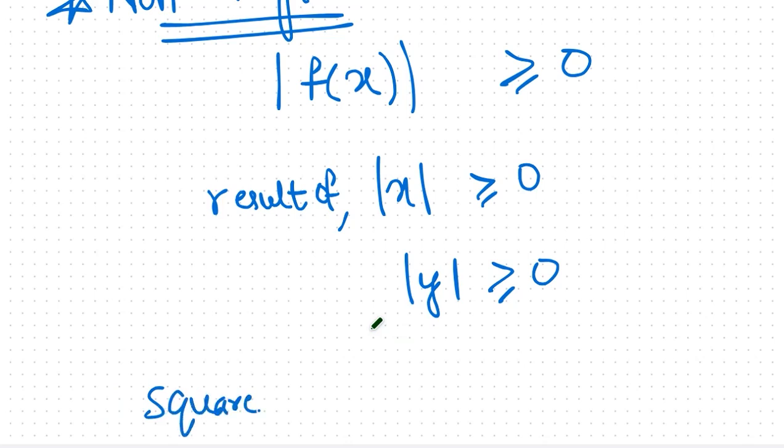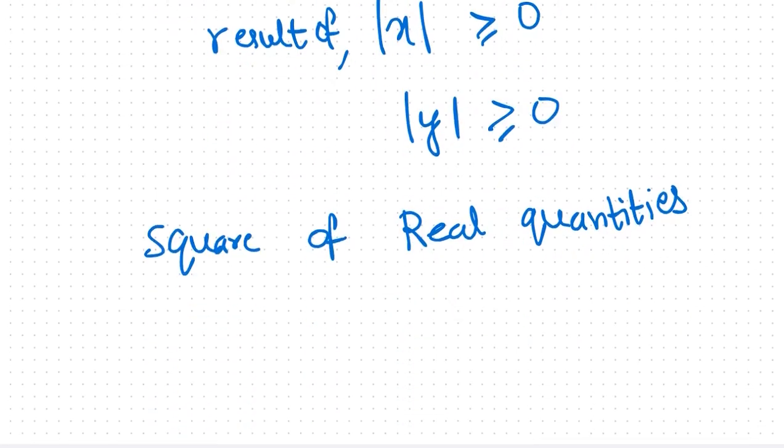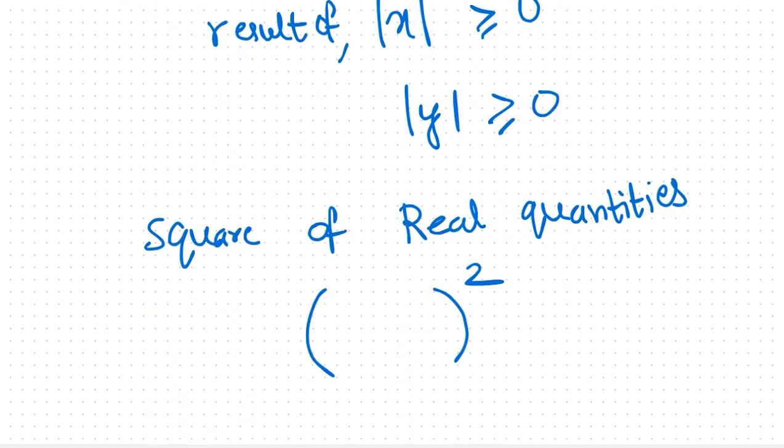Anything squared has to be greater than or equal to 0.